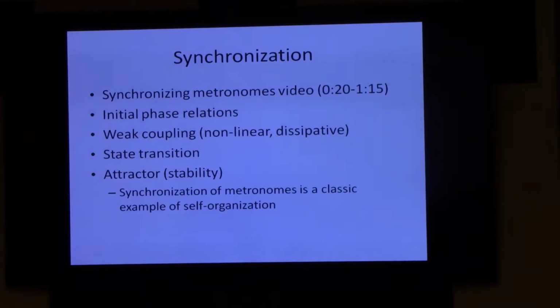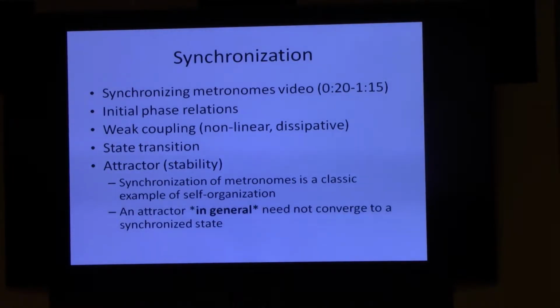is the synchronization. But it's important to remember that in general, an attractor need not converge into a synchronized state. It just represents some kind of pattern that multiple starting states will end up in, and that set of such states is called the wing of an attractor. Wait a second.